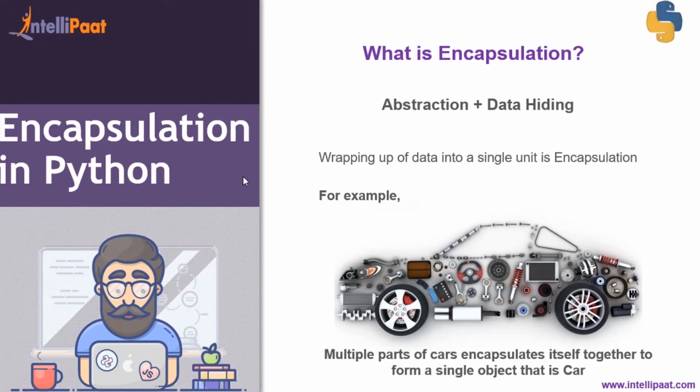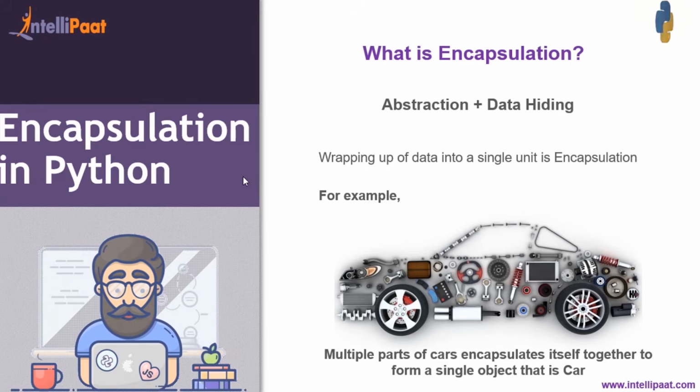Why am I saying that it's abstraction plus data hiding? From outside, what you see is a car, right? If you go one level inside, you will see that it has various components in it, like engine, tire, wheel, etc. How these things are working, we don't have any idea about. All the things are hidden from us, right? So from outside, all you see is a car.